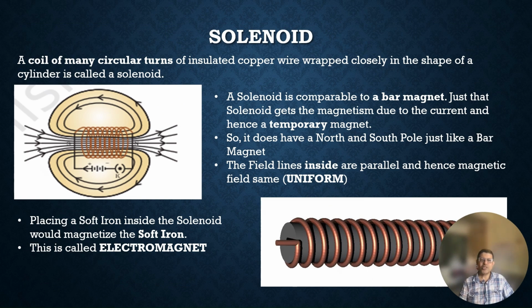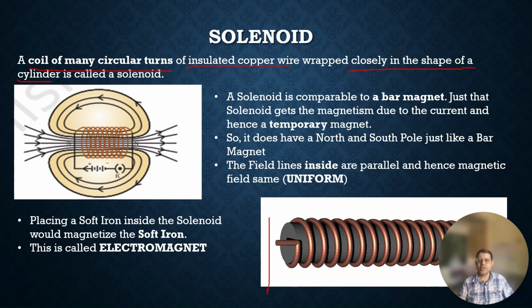solenoid. What is a solenoid first of all? A solenoid is a coil of many circular turns of insulated copper wire wrapped closely in the shape of a cylinder. If you see here, there are many circular coils, and when you keep circular coils over and over each other stacked, it will appear like a cylinder, just like this.